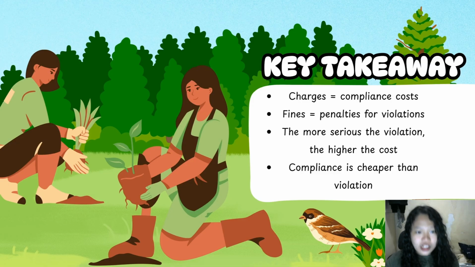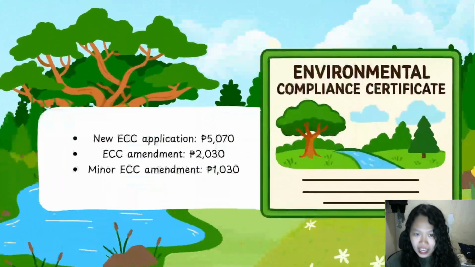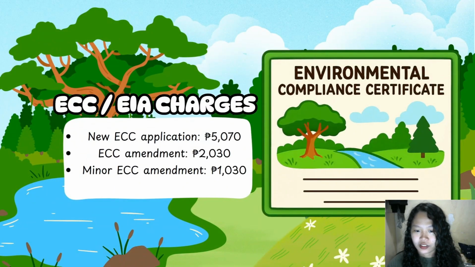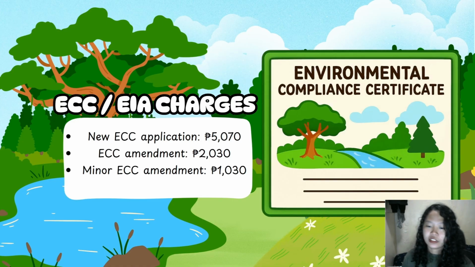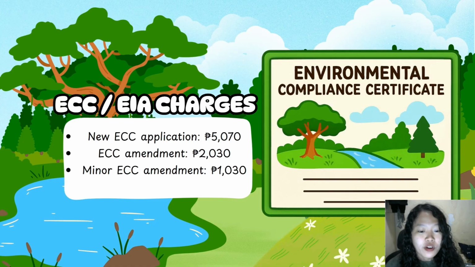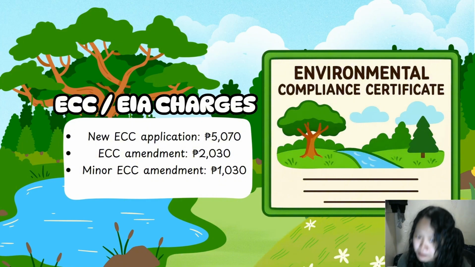So first, EIA, ECC. Client: So, nag-start na po kami ng project. Magkano po ang ECC? Lawyer: For projects with environmental impact, required po ang Environmental Compliance Certificate or ECC before operations.